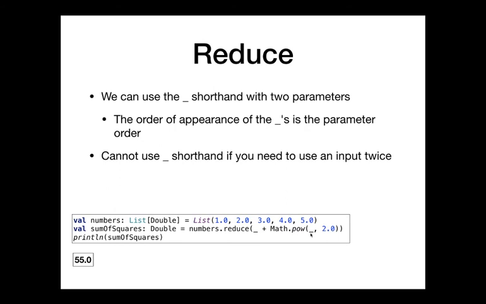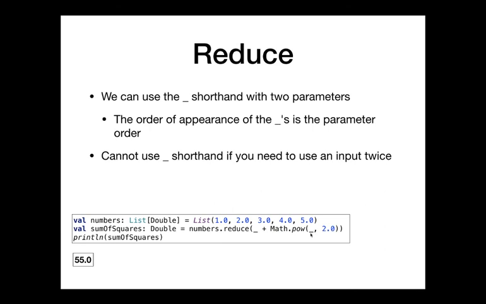Scala, the engineers decided that this is how they're going to do it. It's just the order in which they appear is the order of the parameter list, which means that we can't use a parameter more than once. If we need to use a parameter more than once, we can't use this underscore shortcut.